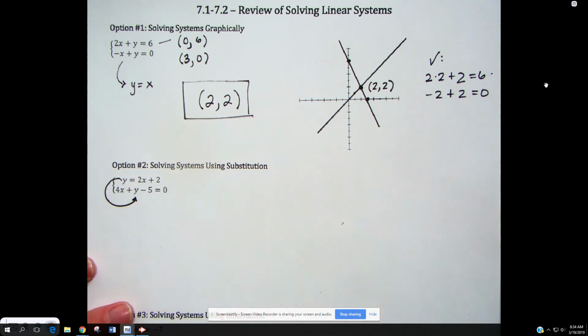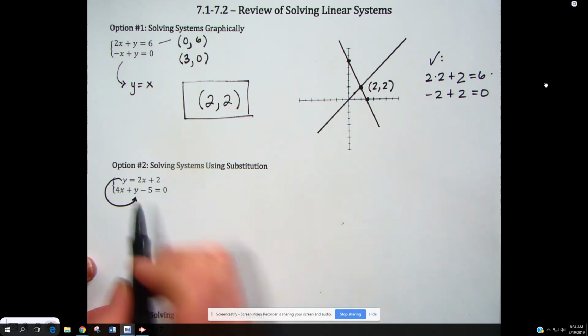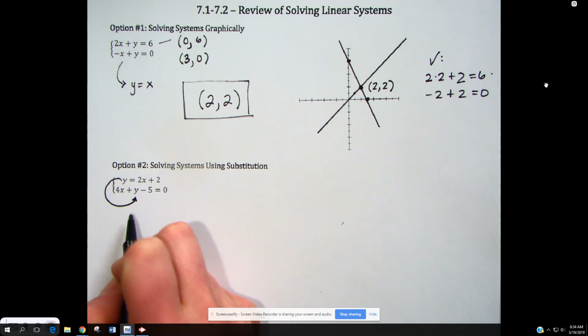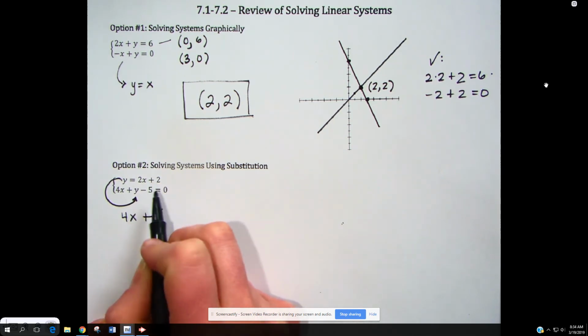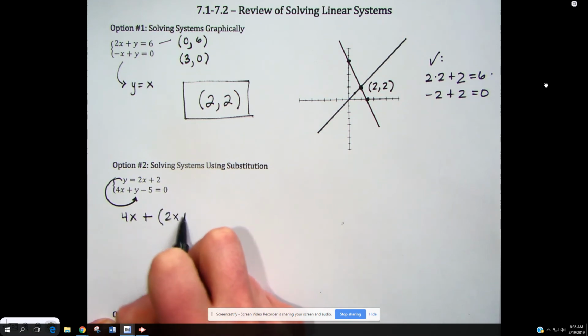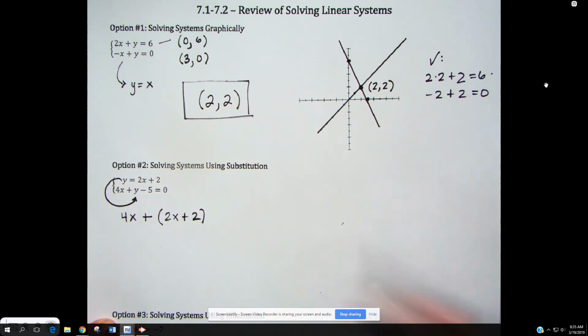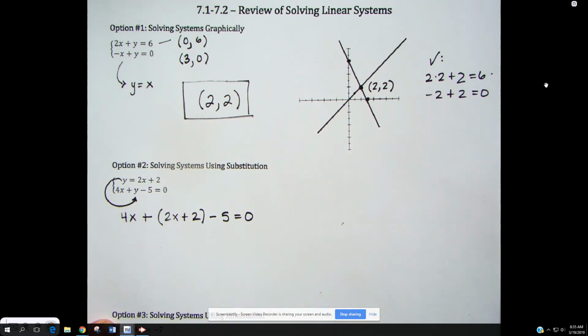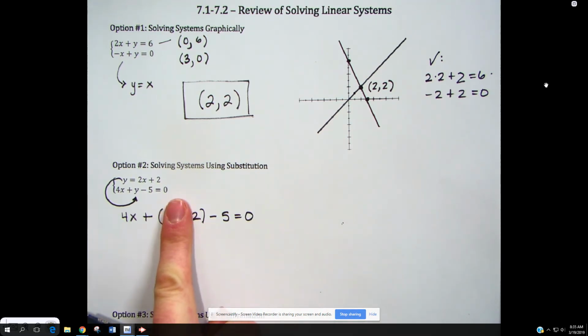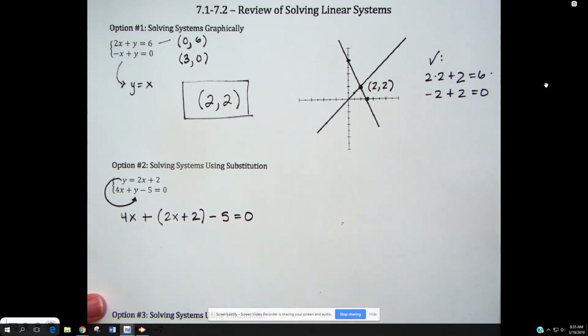So I'm going to use that first equation, and I'll rewrite the second equation as 4x plus, instead of using y, I'll use 2x plus 2 since they're equivalent, and then I'll subtract my 5 and have it equal to 0. I always point out to students that you can see the architecture of that second equation. The only difference being that you've used the first equation instead of the y value. Now here I'm down to one variable, one equation.